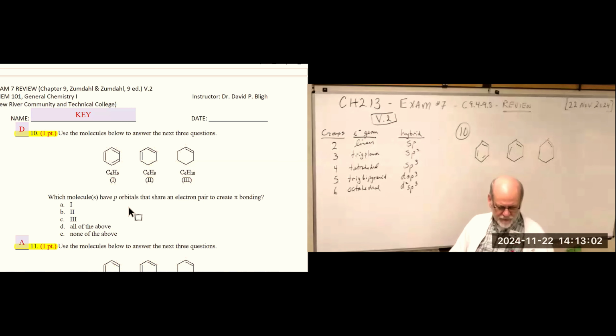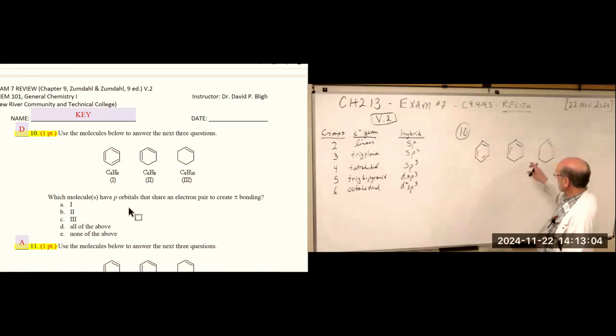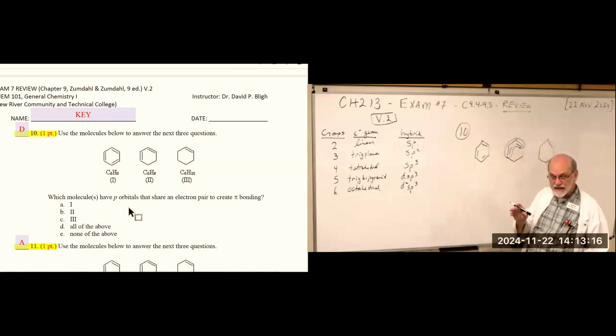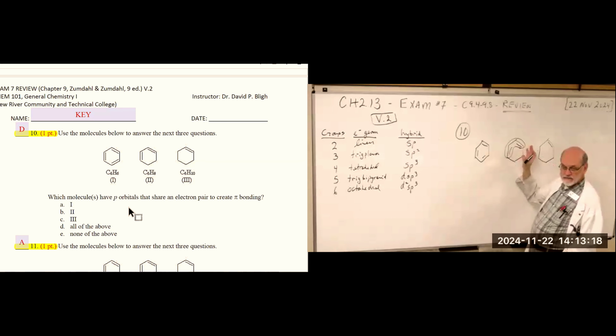P orbitals overlap. Now for these guys, this is a single pi bond. These are conjugated. Whenever you have a double, single, double, at least that group, then you have a conjugated system. So it's conjugated for this amount.